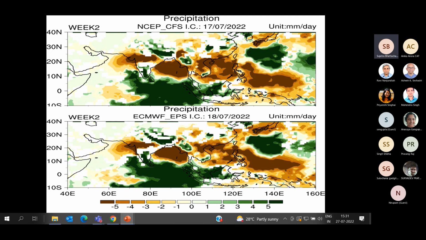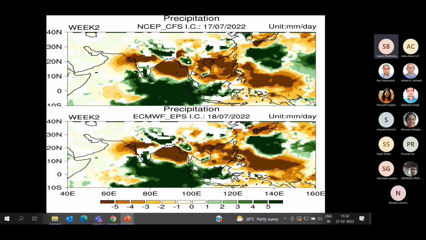All India monsoon rainfall is not declining as much as we expected. That is the surprising part. But you are saying that water vapor is above normal, right? Yes, that's the point.